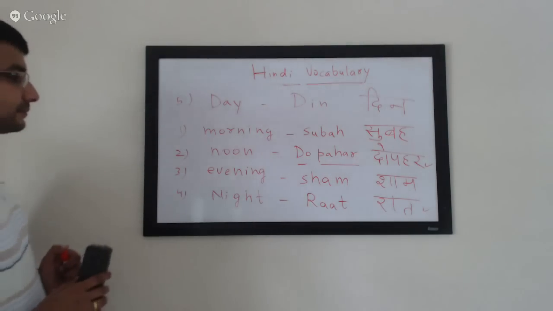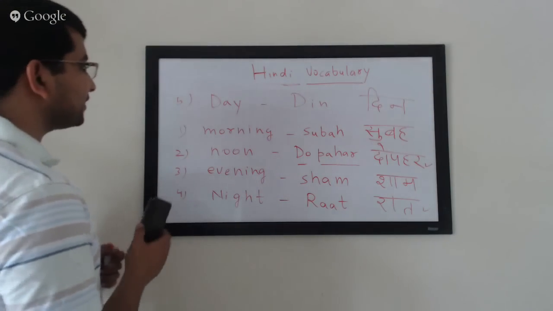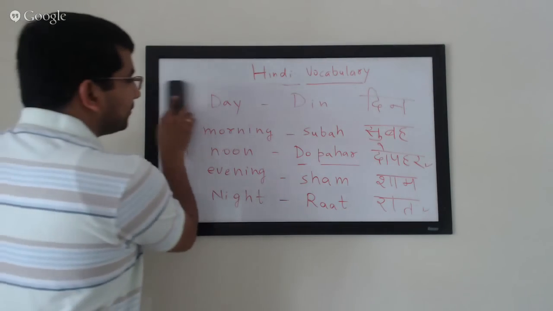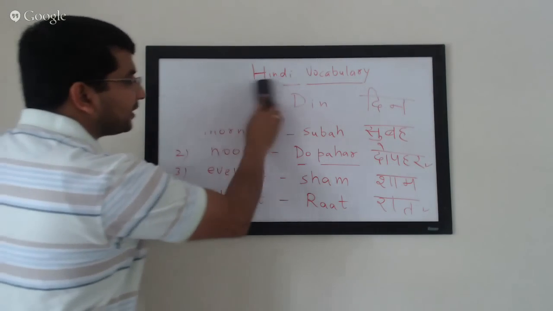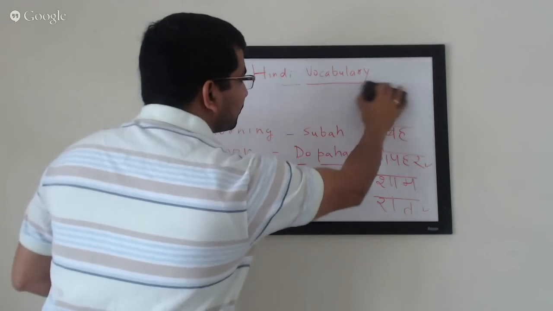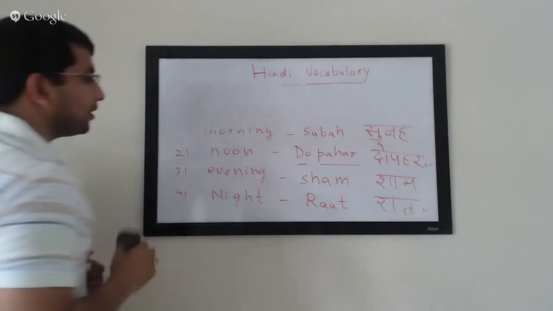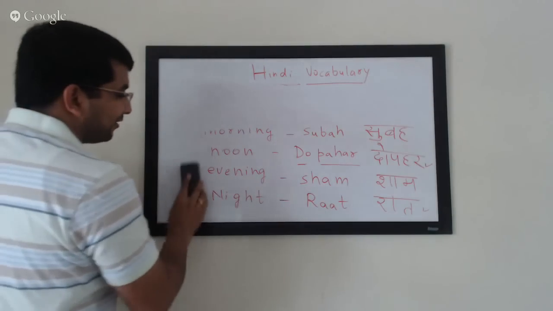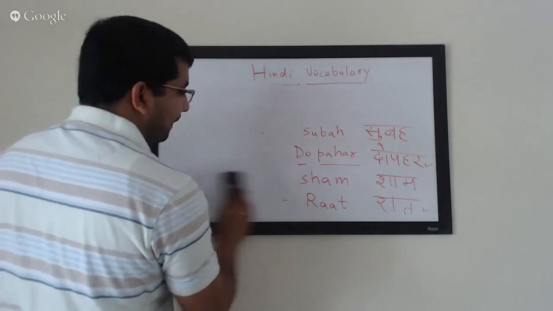So I hope this is making sense to you. Towards the end of the class, I'll tell you how you can use them as an application, how you can use them for your day-to-day conversation.